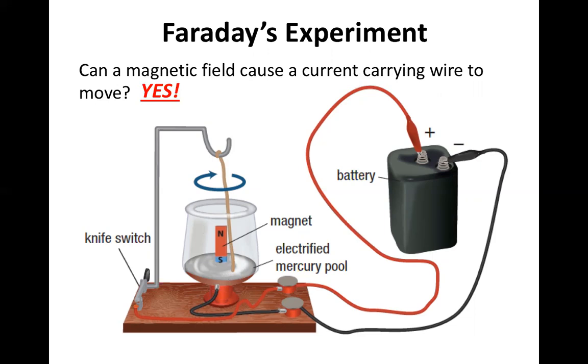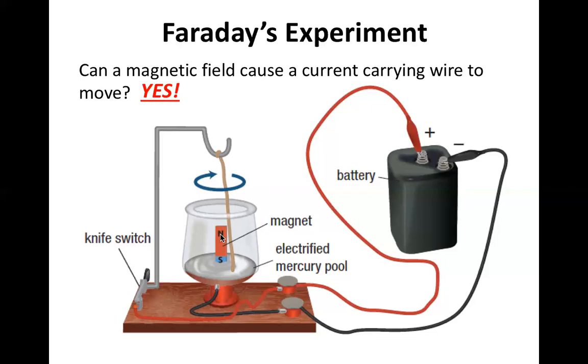So when this switch is closed, he observed that the wire started to twirl around the permanent magnet that was sitting in the mercury. And the wire only does this if there is the permanent bar magnet sitting in the mercury. And this means somehow this external magnetic field, external to the wire's own magnetic field, because we know once there's current through the wire, there's going to be a magnetic field around the wire.